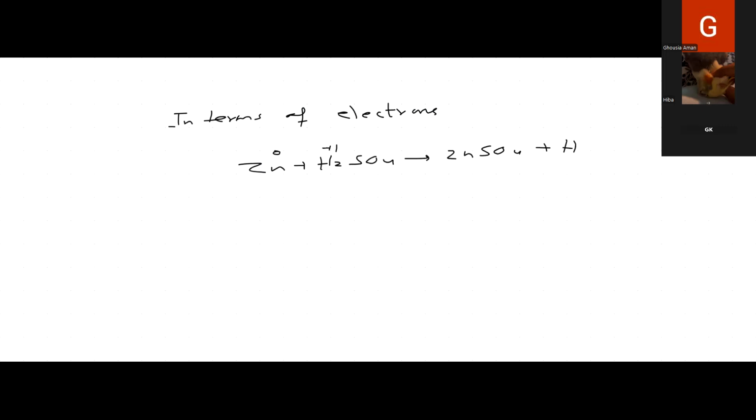Then I will remove the spectator ions and it will become zinc plus 2H positive, zinc plus 2 plus H2, 0. Now you see, from zinc to zinc plus 2, loss of electron is taking place. So oxidation is taking place over here.